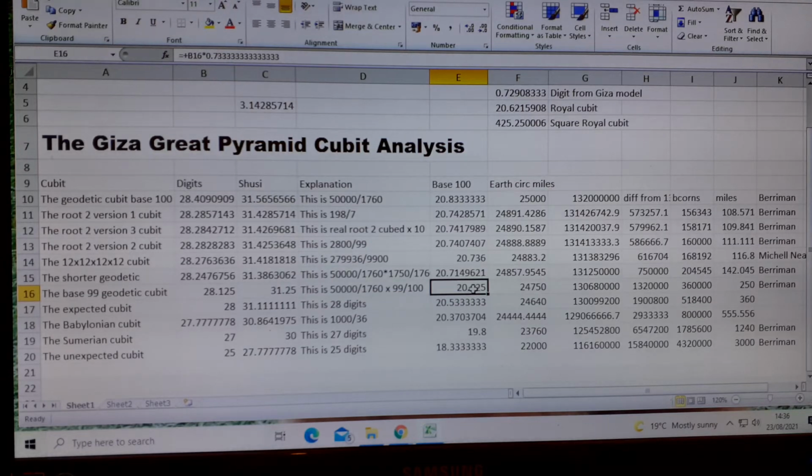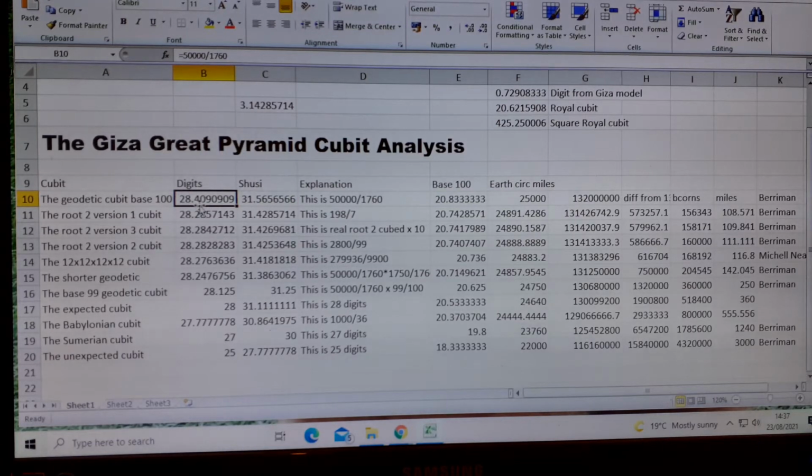Here, I'm not using the Egyptian digit, I'm only using the base 100 digit, and we can still get 20.625 with it. And because we're using this 0.733, and we know there are 36666.666 R inches in the Giza base, we can start using this knowledge to give us the cubits in digits.